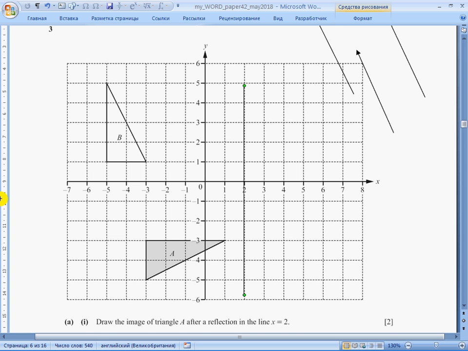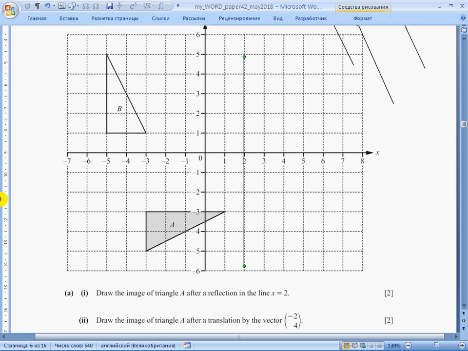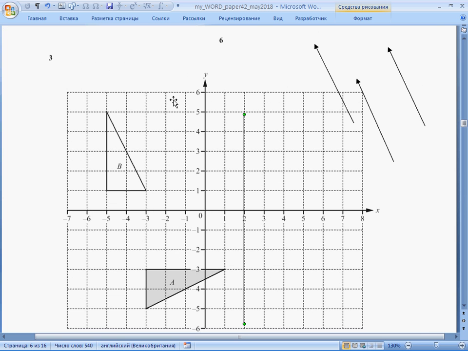I'll show how. Draw the image of triangle A after translation by the vector (-2, 4). Again you work with each point. For example, for this point the vector (-2, 4) is 2 steps to the left, 4 steps up.